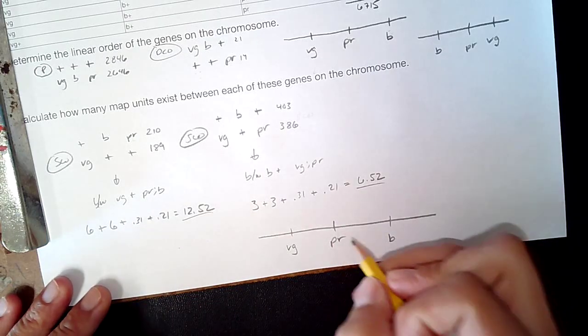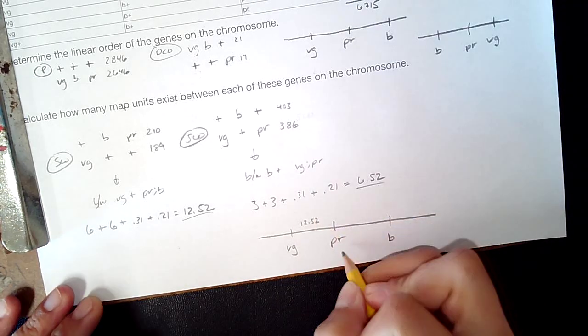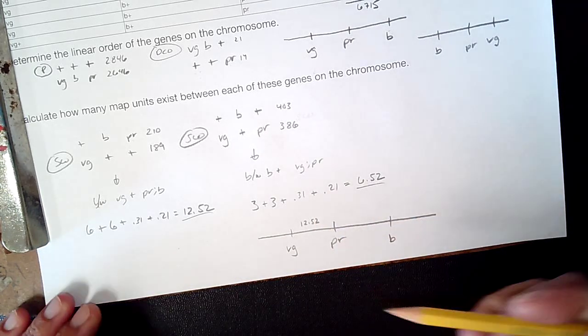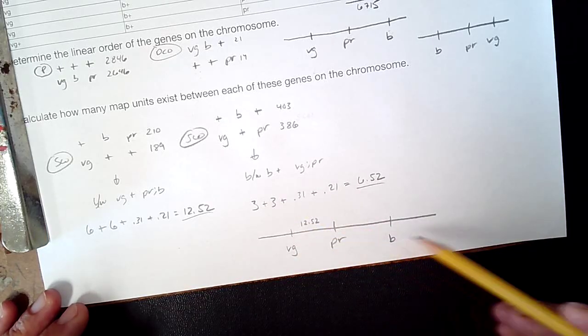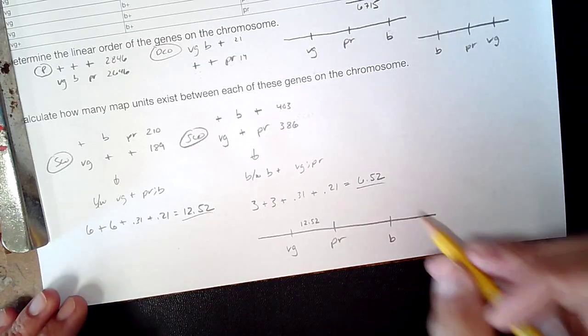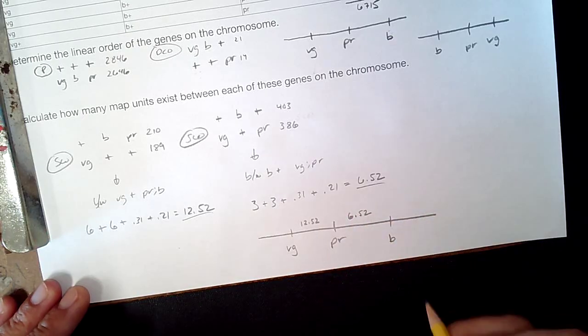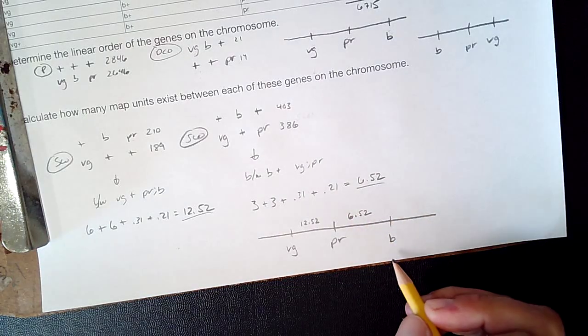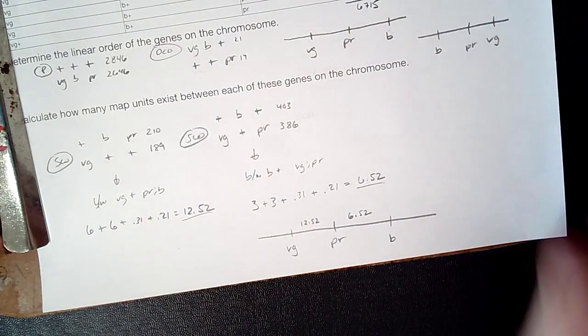And so 12.52 is the distance between VG and PR, because that's the likelihood that this is going to flip relative to this section of the chromosome. So those are my map units, 12.52. Over here I got 6.52, and so those are my map units between B and the section of the chromosome that contains VG and PR. So these are my map units.